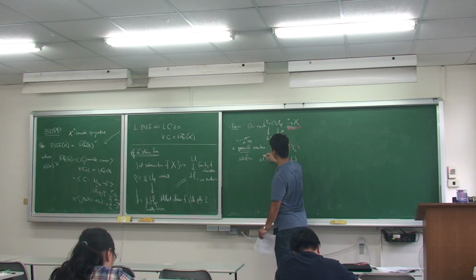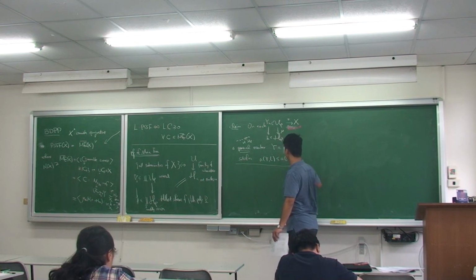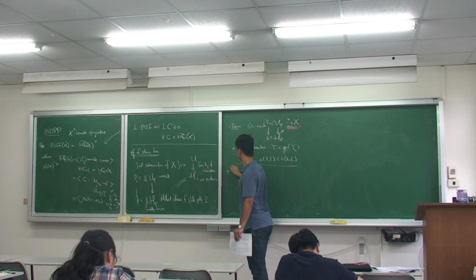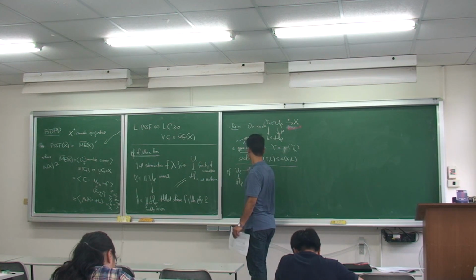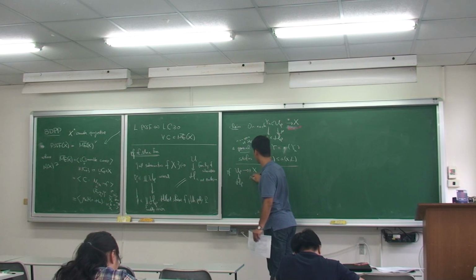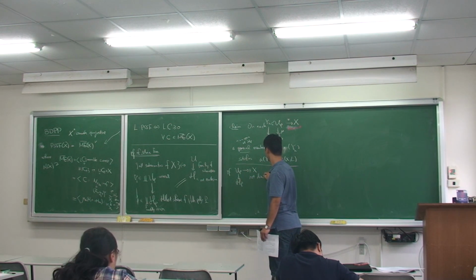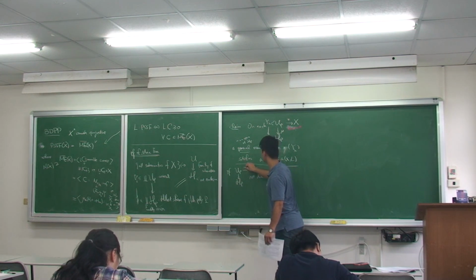So let me show you how I conclude from this claim. Okay. So if UP over HP is not dominant over X, this is pi.